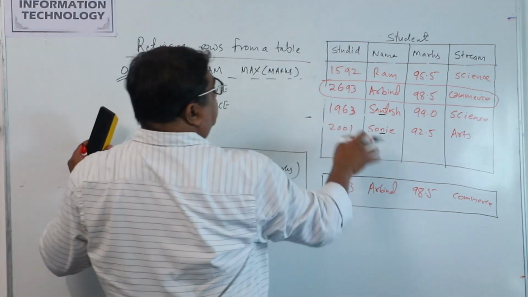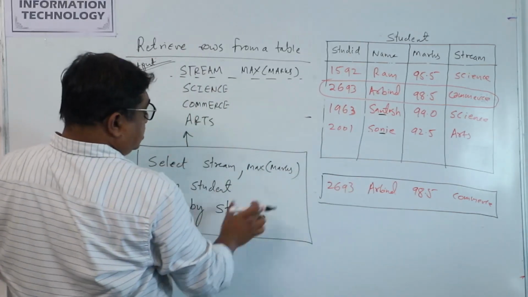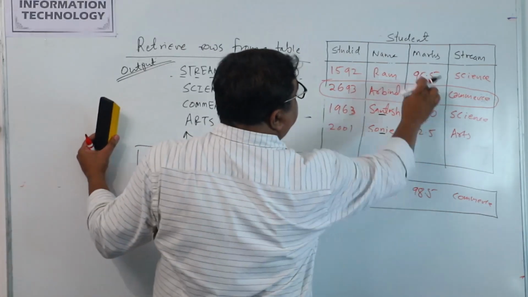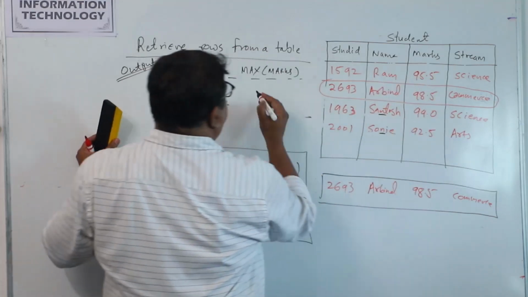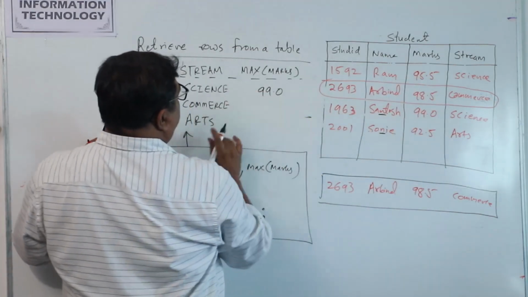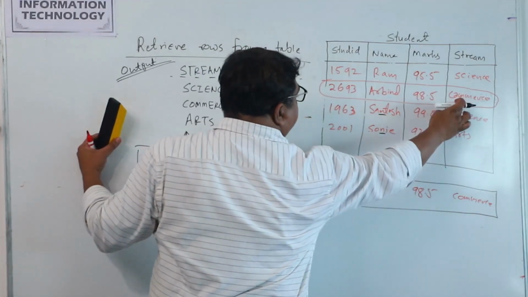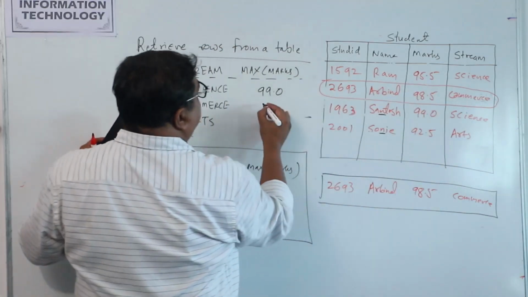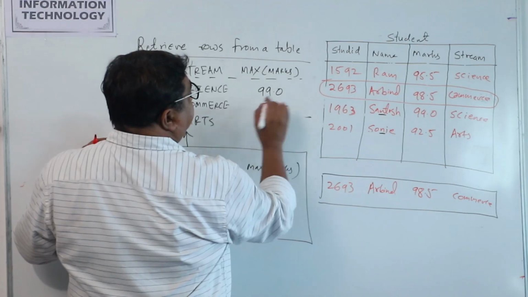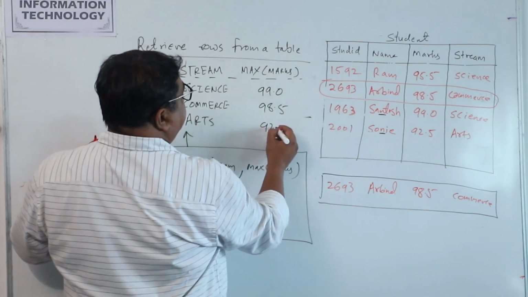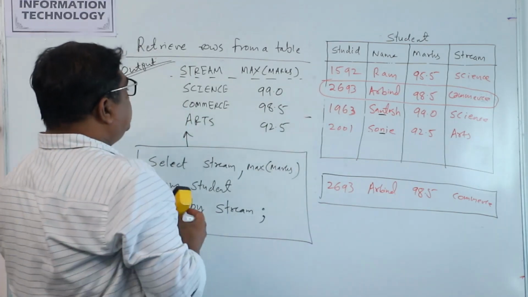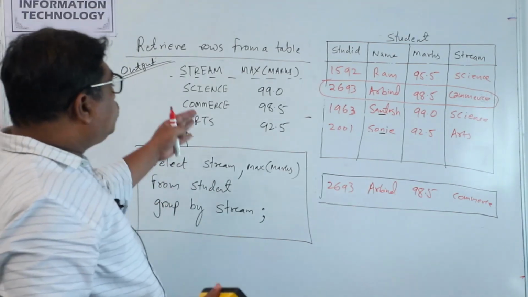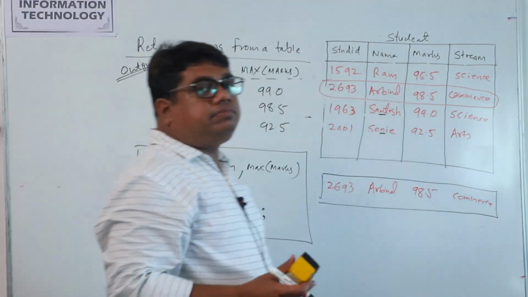And what is the maximum mark for science? The marks for science are 95.5 and 99.0, so it will be 99.0. For commerce we have a single row, so there is no comparison, only one data is there, so it will be 98.5. And for arts, it will be 92.5. So this is how we can group the values of a column.